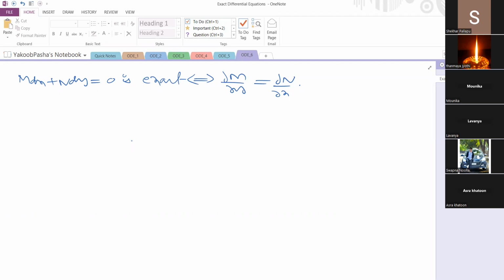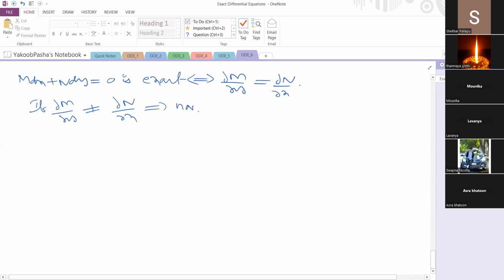Now if the differential equation M dx + N dy does not satisfy the condition ∂M/∂y = ∂N/∂x, that means if ∂M/∂y is not equal to ∂N/∂x, then this differential equation is called a non-exact differential equation.